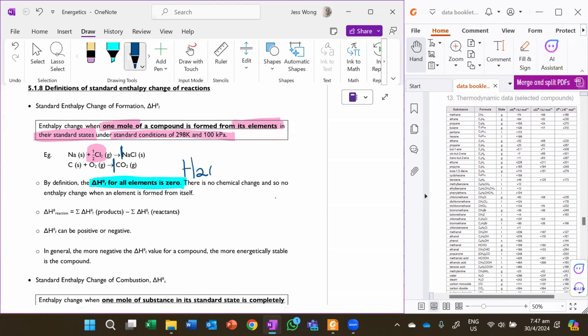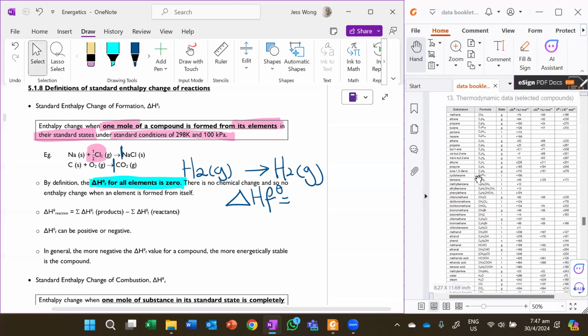When you form hydrogen from hydrogen itself, which is the element, there is no change at all. So there will be no delta H formation value. There's no difference in the enthalpy of the product and the reactant. So the enthalpy change of formation of all elements will be 0, and therefore you can't find them in this list. You've got to remember it's 0.